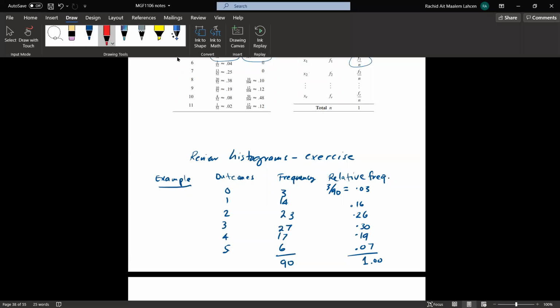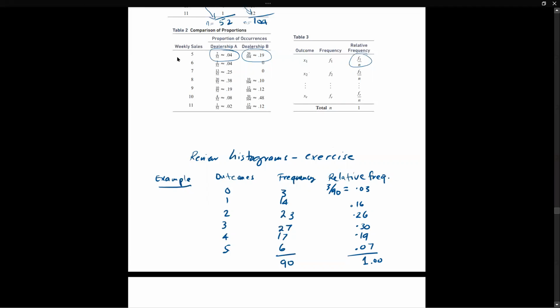So the histogram idea is just these numbers plotted here. If I do the 0, 1, 2, 3, 4, 5, because the highest is 0.3, let's say this is 0.1, this is 0.2, this is 0.3, right? So 0.3 happens at 3.